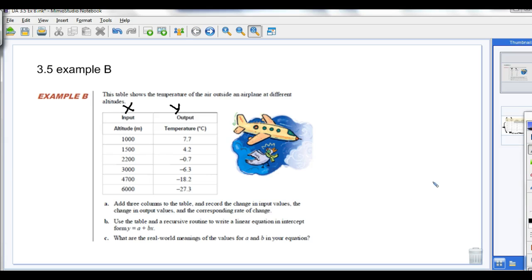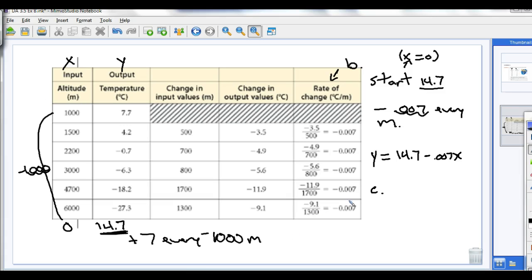And then for part C, it says, what are the real world meanings of the values for A and B in your equation? Well, A, 14.7, is the degrees Celsius when the altitude is 0. All right, and then what is the negative 0.007?